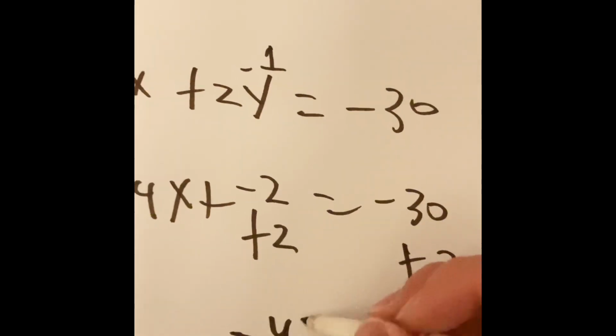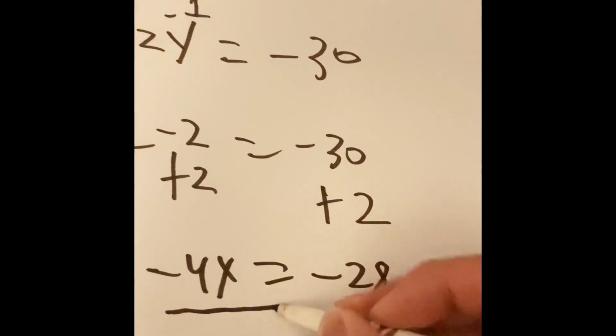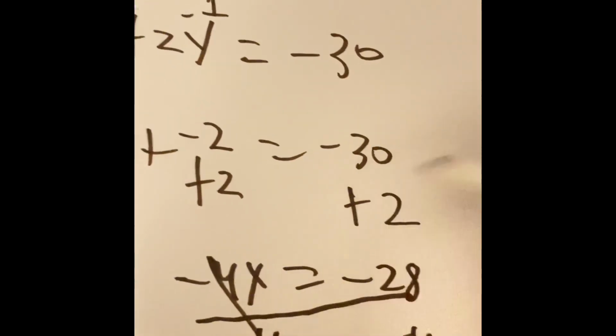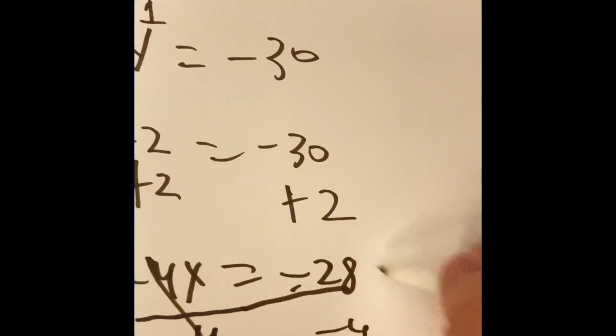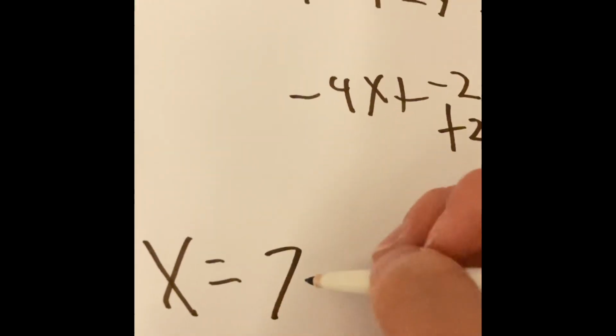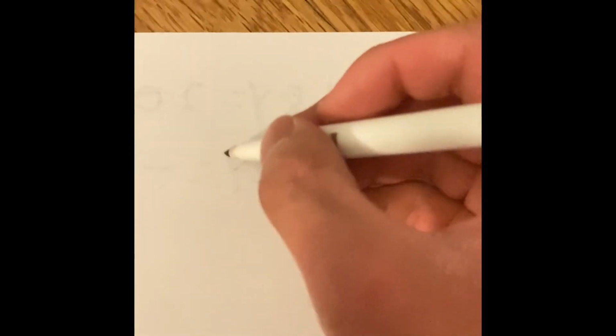So negative 4x equals negative 28. When we divide by negative 4 to get x alone, we get negative 28 divided by negative 4. That's going to be a positive. x equals 7. So that's going to be our answer.